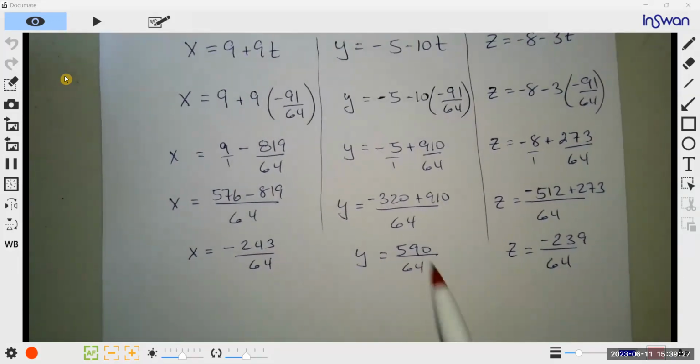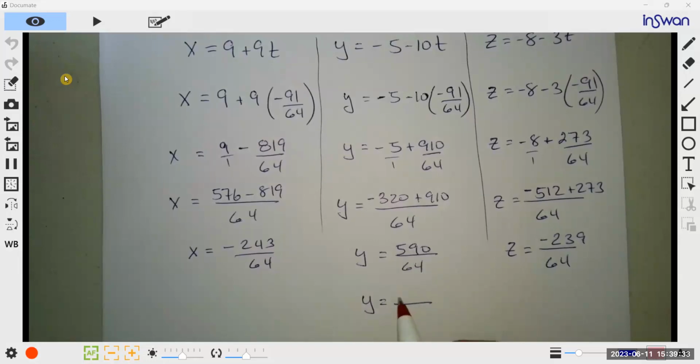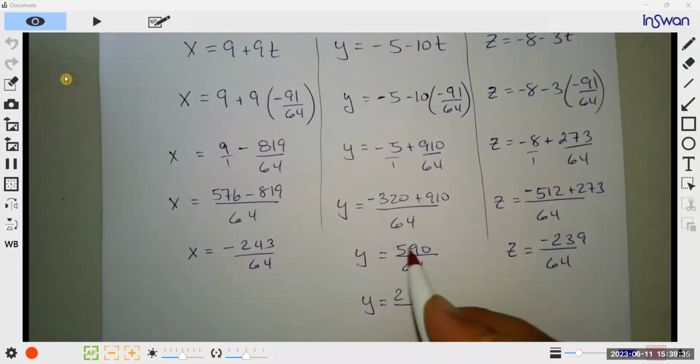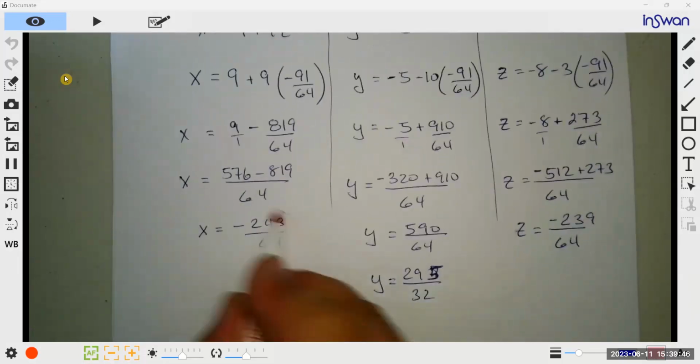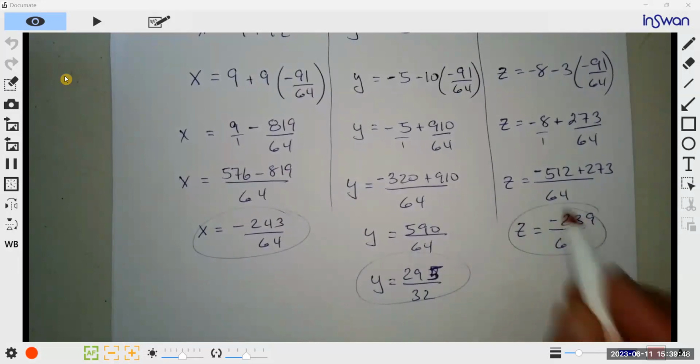Only one can be simplified, and it would be this one. They both have an even term. So half of that one, we'll turn it into 9 times 5, half of 64 is 32. So these are my solutions.